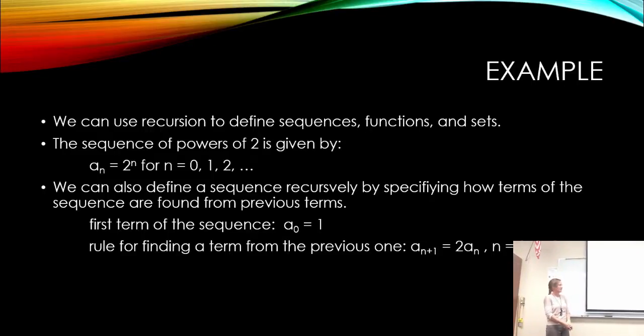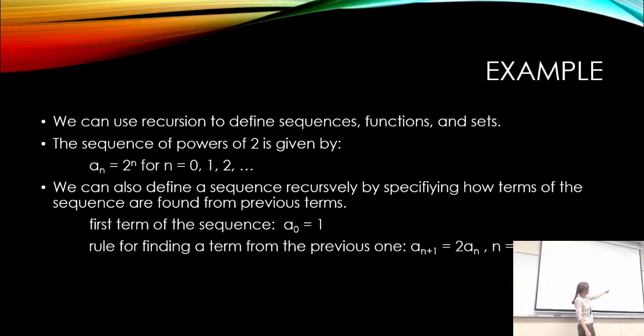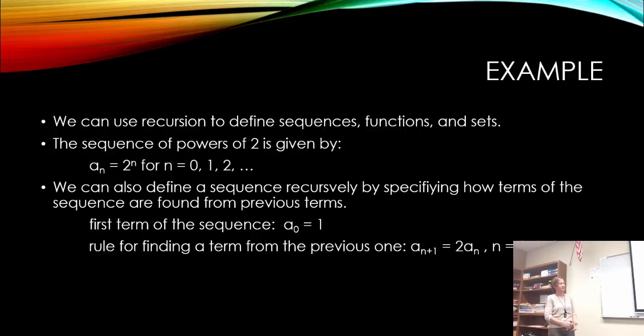That's the one that's not based on anything else. And then the rule for finding a term from the previous one, and they give this in the text, a sub n plus 1 equals 2a sub n for all n, for n from 0 to infinity. All right? And that makes sense to us, right? We all know that one. That was actually an example in chapter 2, I think, also.